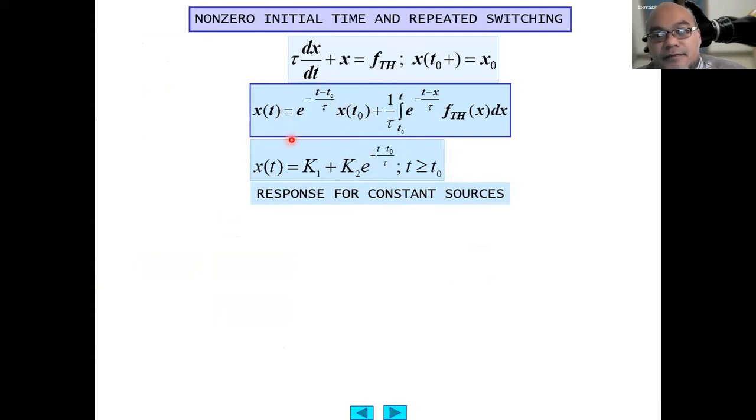This is the steady state solution, like this, from t0 until t, and this becomes k1, and this one is k2.